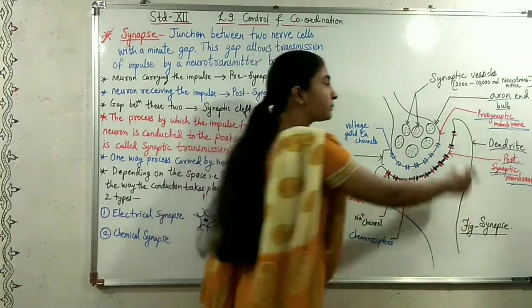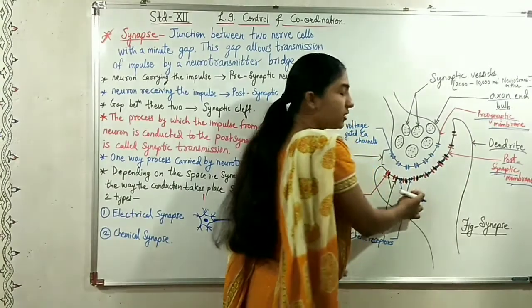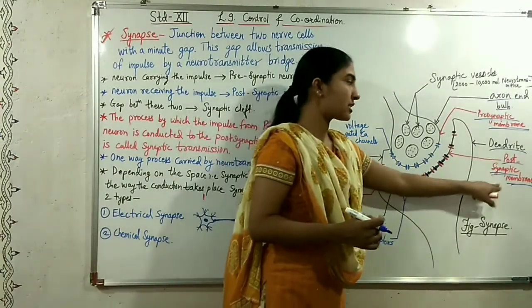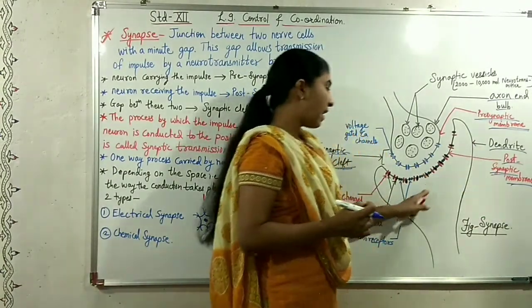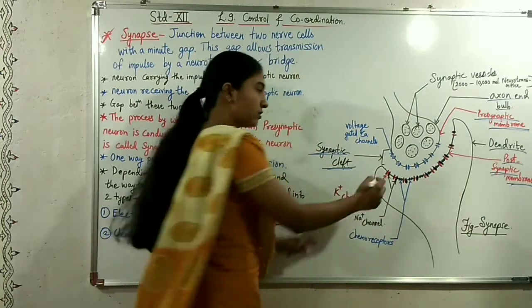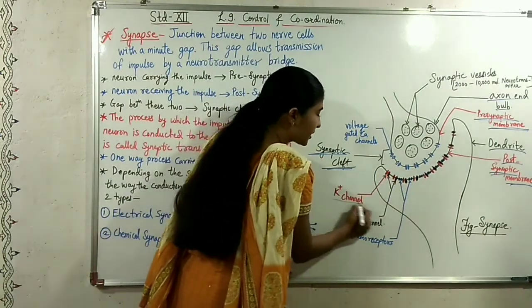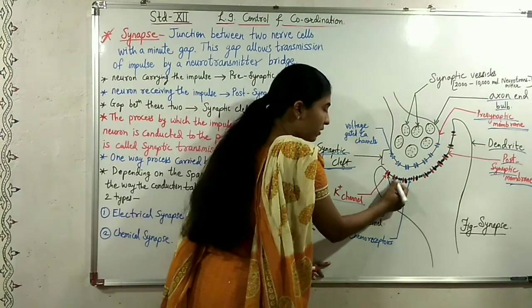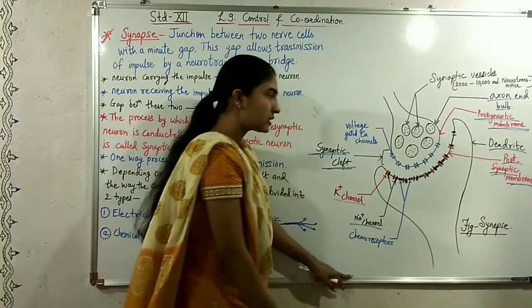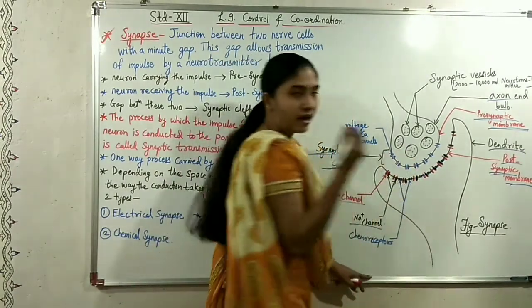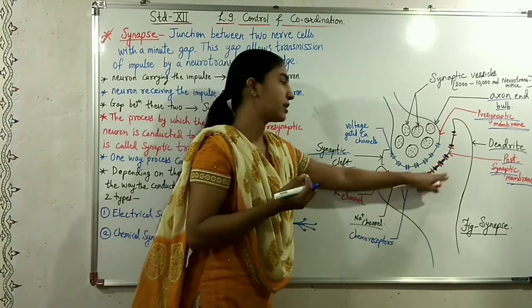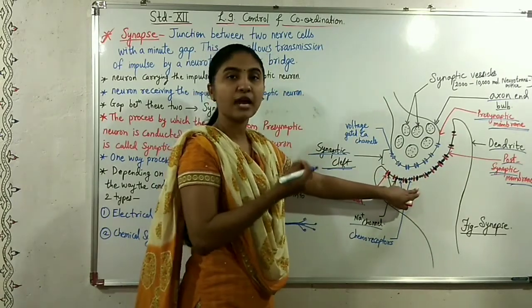And on the dendrite membrane or the postsynaptic membrane, there are channels. These red ones are the potassium channels, these black ones are the sodium channels, and also there are chemoreceptors present on the postsynaptic membrane.